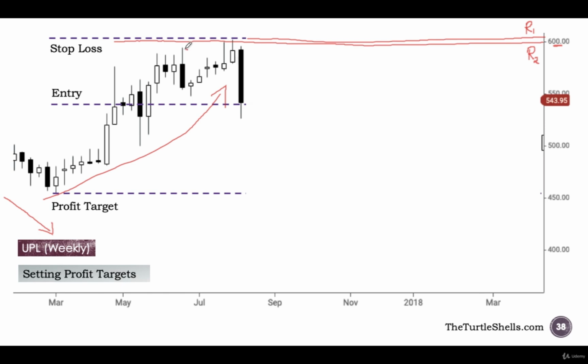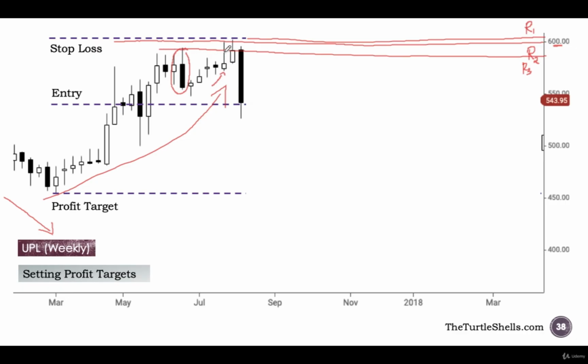Then you have another bearish engulfing pattern here. See? Although not as aggressive as this, it is still a bearish engulfing pattern. We know that the high of that pattern always becomes resistance. So let's draw one line here. Let's make it R3. Now the shooting star that you see here is confirming R3.